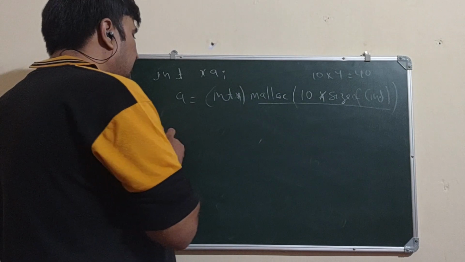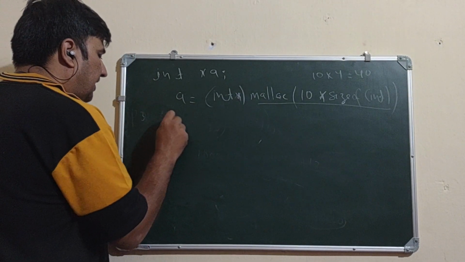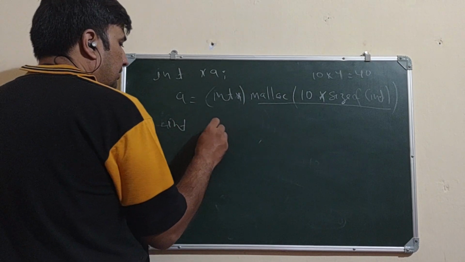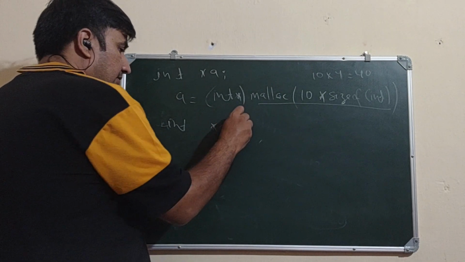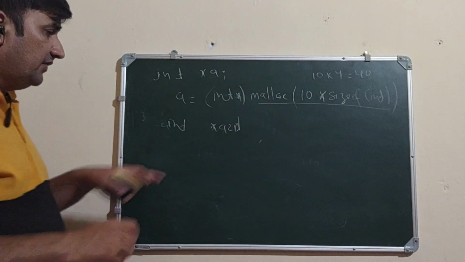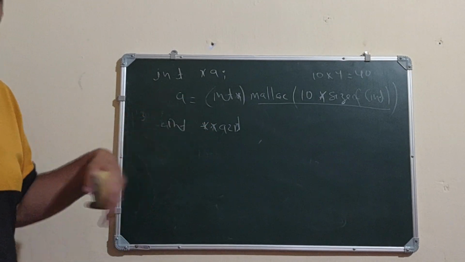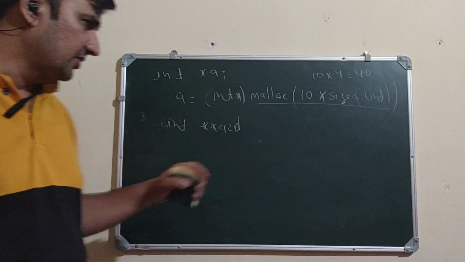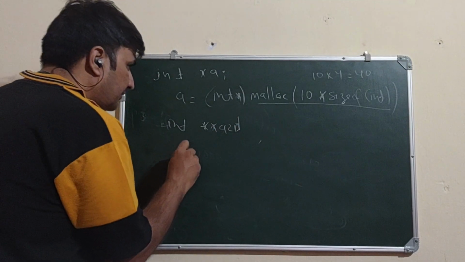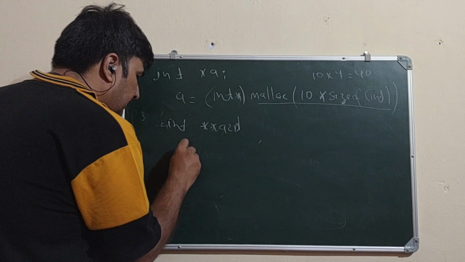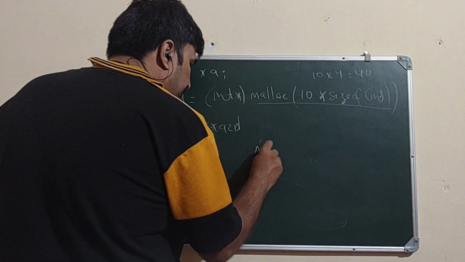First thing that we need to create is, let us assume, int a2D. Now I want to create a 2D array. For that I need to create a pointer to a pointer. Let me explain that thing. So first thing that we are going to do is create a memory location, a equals to malloc.